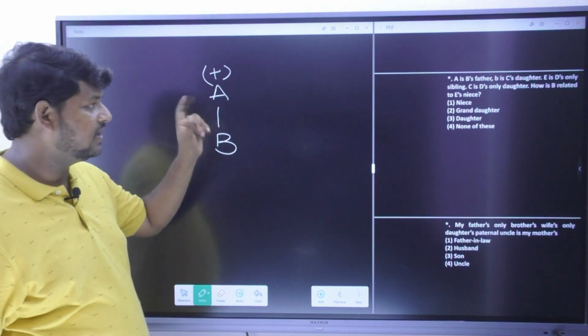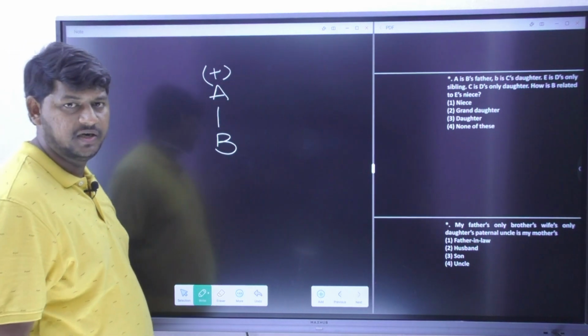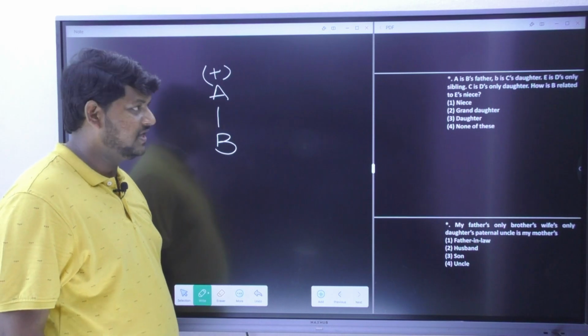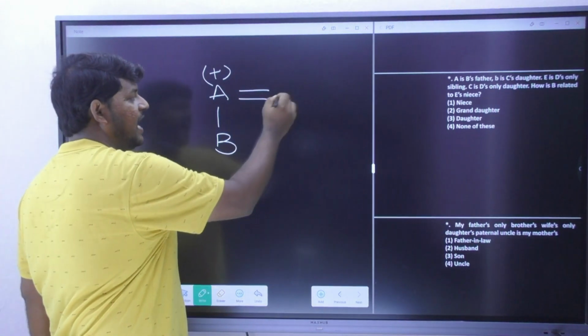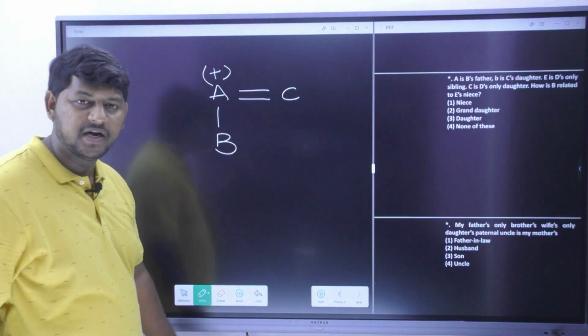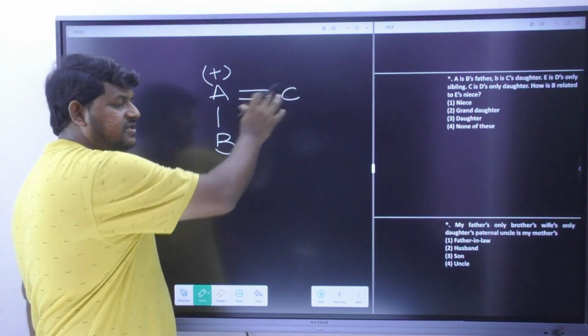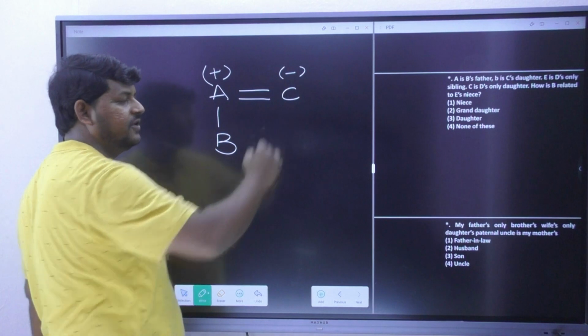A is B's father. B is C's daughter. B became the daughter of C. So A and C definitely married each other. They are husband and wife. Even though C's gender is not given, can I confirm the gender of C as female?